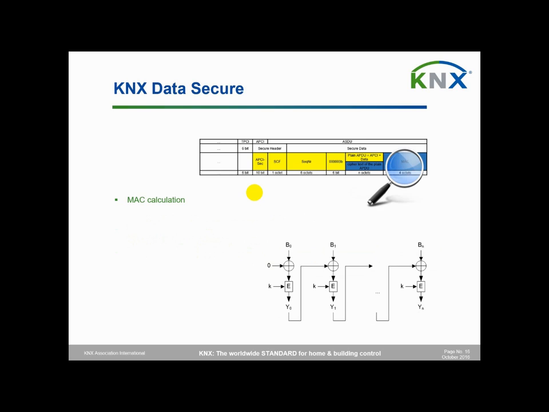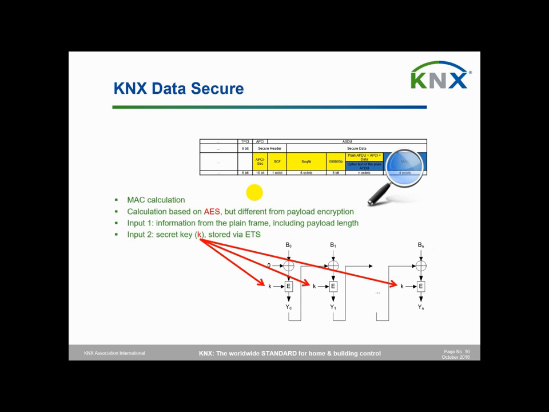And there's also a 4-octet message authentication code, and also here this authentication code is based on AES, but it is a different algorithm than the one used for the payload encryption. Also here information from the plain frame will be used as input together with the same secret key that was used for the encryption of the payload, the same secret key that has been stored into the device via ETS.